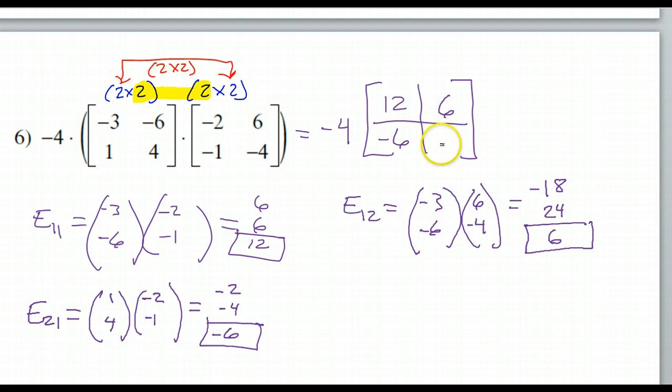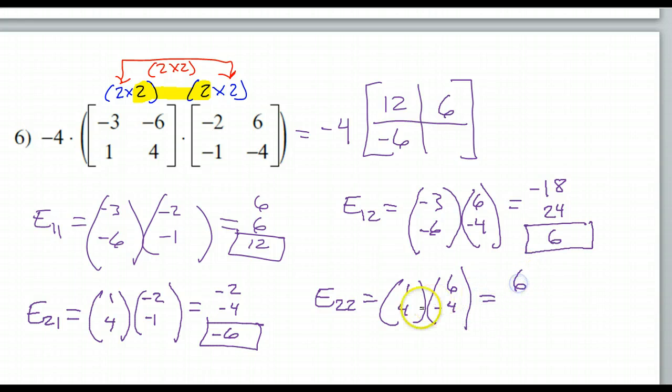Last, I'm going to need element 2, 2, because this is row 2, column 2. So I need row 2, which is 1, 4, times column 2, which is 6, -4.